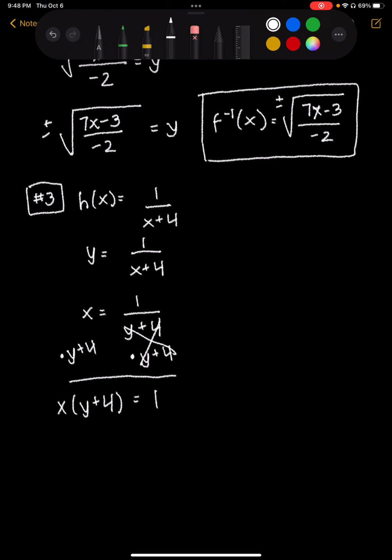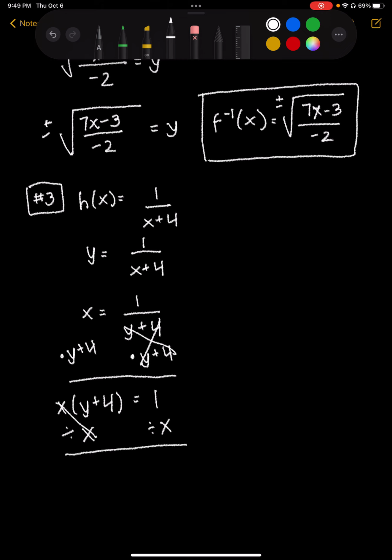Okay, so if the goal is to solve for y, we've got to get rid of the x and we've got to get rid of the 4. Normally, I would get rid of the 4 first because it's adding, but in this case, because the x is multiplying the whole thing, both the y and the 4, we want to get rid of the x first. It's multiplying, so to get rid of it, we're going to divide each side by x.